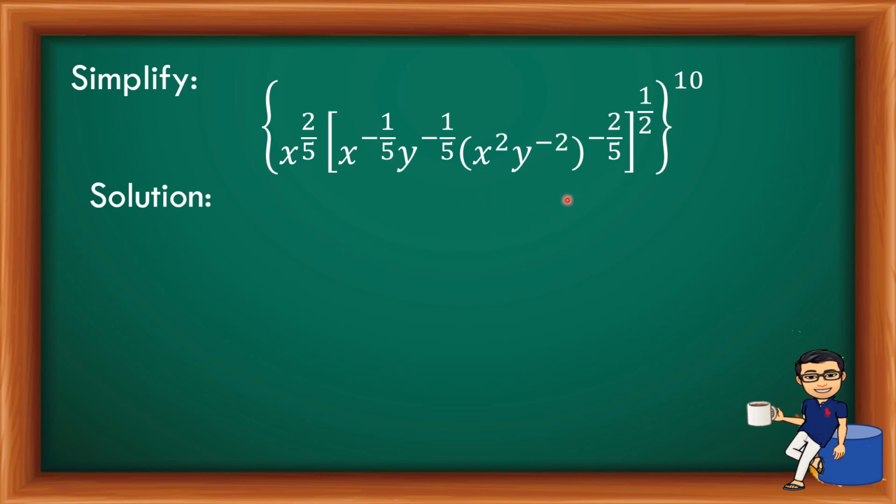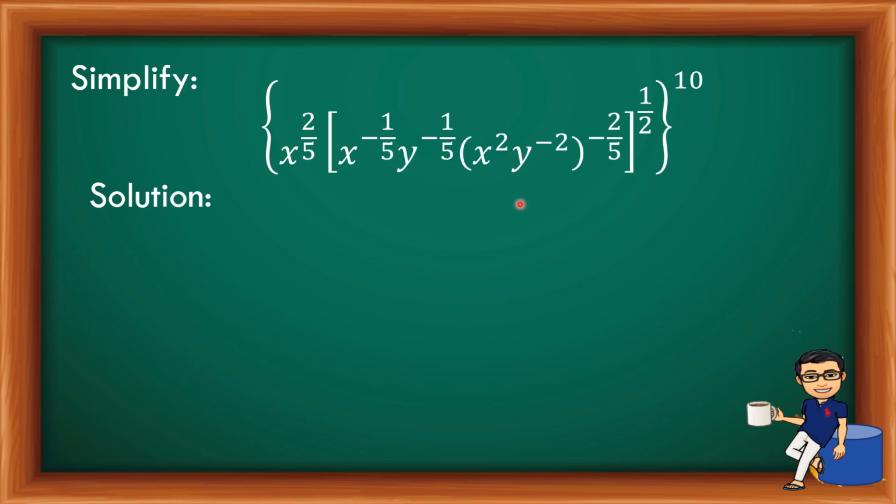For us to simplify any of the expression, we always start with the parentheses. That means what's inside the parentheses is the first thing we simplify. Then after simplifying what's in the parentheses, it is followed by the bracket. Then the last is the braces.